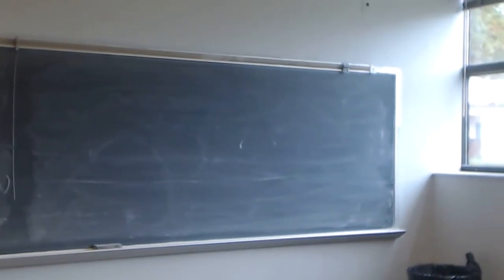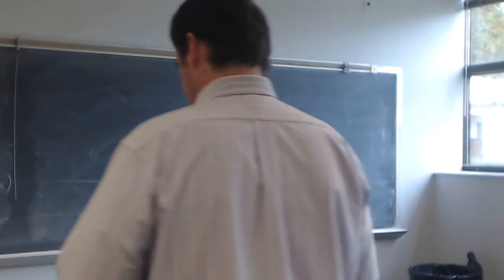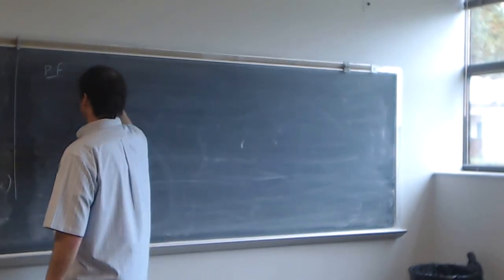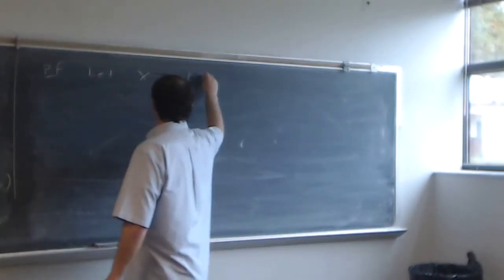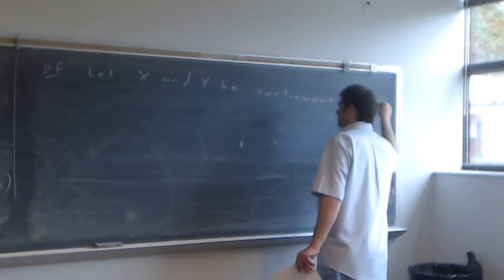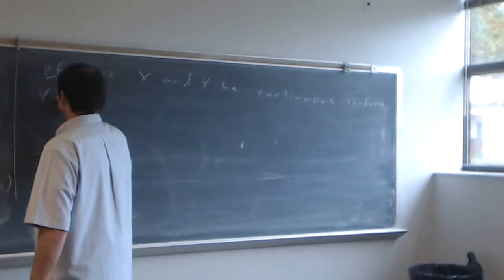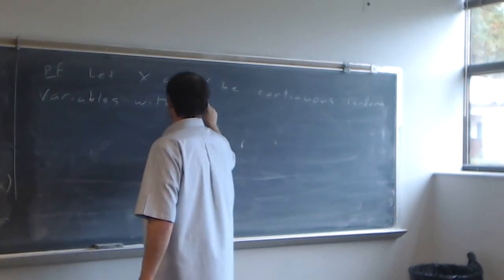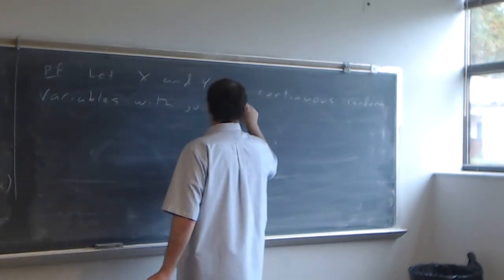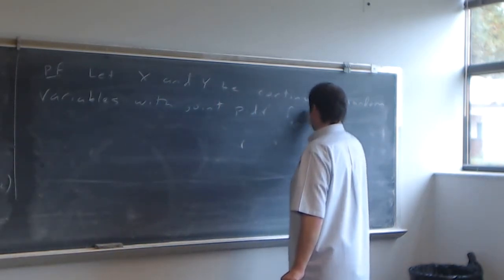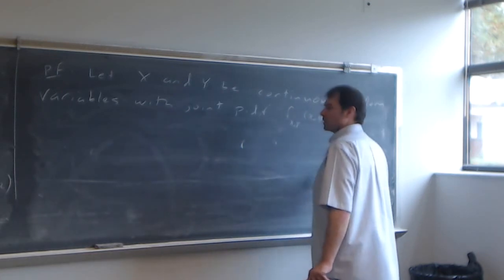Now this proof is going to be done by first assuming the hypothesis. We're going to let X and Y be continuous random variables with joint PDF f sub X comma Y of x comma y.